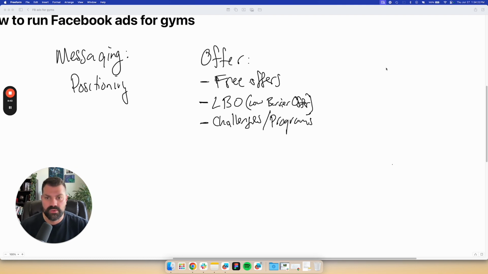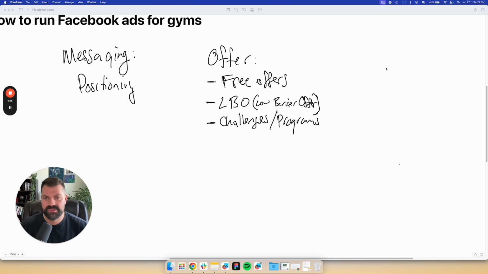All right. So when it comes to free offers, obviously, that could be anything from a 3-day pass, 10-day pass, 5-day pass, whatever. It's just a free offer. The problem with this is the quality of person is usually pretty low. Okay. And the reason is because they're getting something for free.